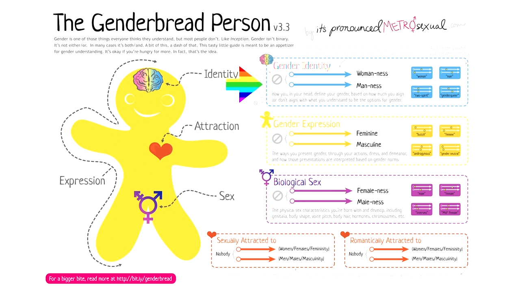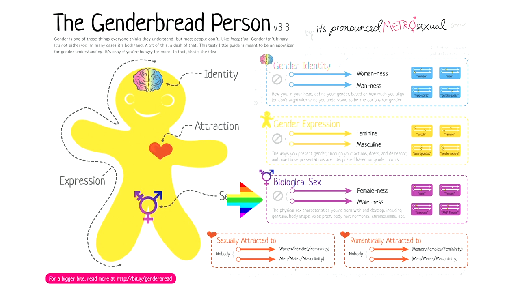Then we look at the next one, we see the same sort of pairing of gender expression, the outward telling of the world of who you are. We see that continuum of no feminine to maximum feminine, no masculine to maximum masculinity. Then we have biological sex.